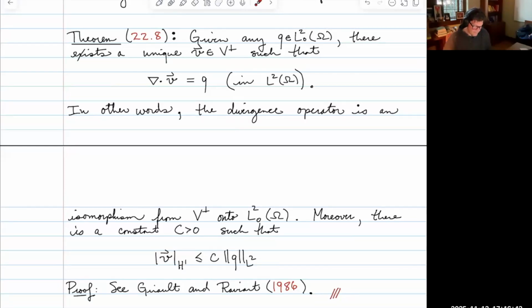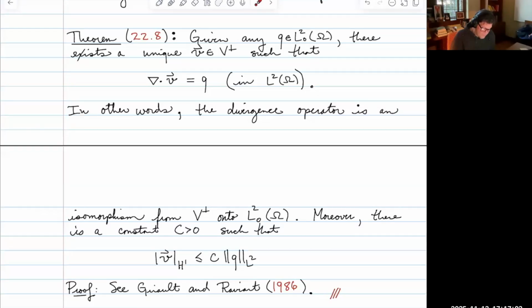We're going to simply defer to this reference, Girault and Raviart, a very famous book on numerical methods for Navier-Stokes equations. We're going to use it in the construction of that inf-sup condition that I keep alluding to.